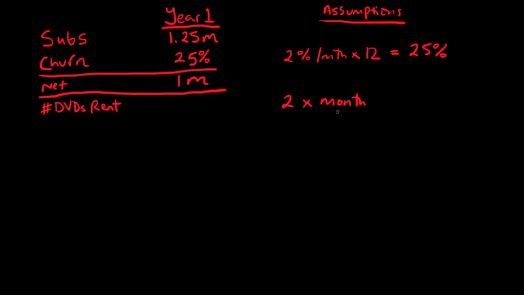So over the course of a year, that would be 2 times 12 equals 24 DVDs per user. I'm just going to round this up to 25, so it makes the math easier. So if we have 25 DVDs rented per user per year and 1 million users, that's 25 million DVDs rented as part of our prototype.